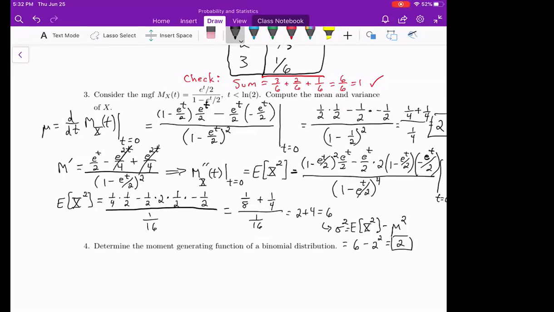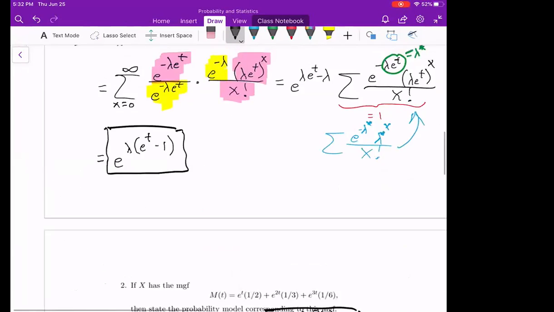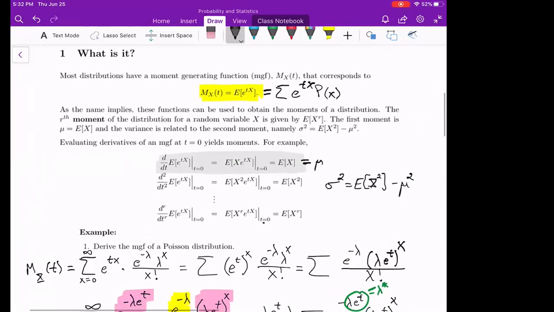Yeah, that's exactly what we're using. So what I have highlighted in gray says that if you want the mean, which is the first moment, you need to take the derivative with respect to t of the MGF, because remember the M of t function is the expected value of e to the tX. And then you evaluate that at t is 0.